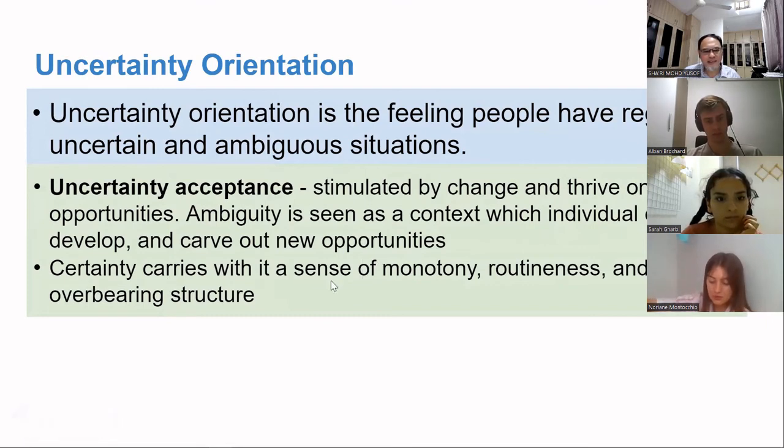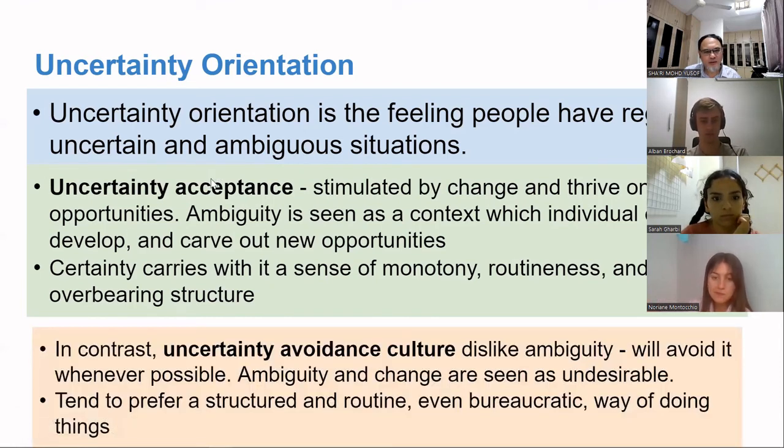Whereas certainty is monotonous, routine, overbearing structure, and you don't like to work in that kind of environment. Uncertainty avoidance cultures dislike ambiguity and will avoid it, so ambiguity and change are seen as undesirable.